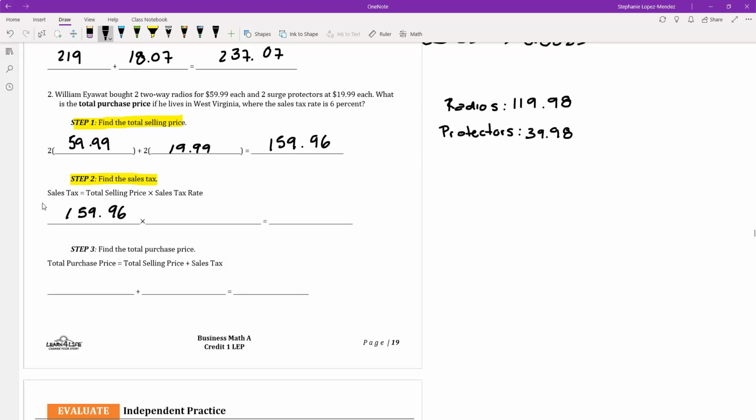And in the problem, it specifies that William lives in West Virginia, where the sales tax rate is 6%. Right. So I will be working with my 6%.